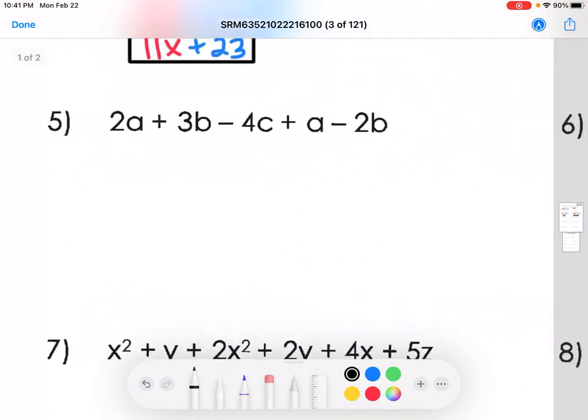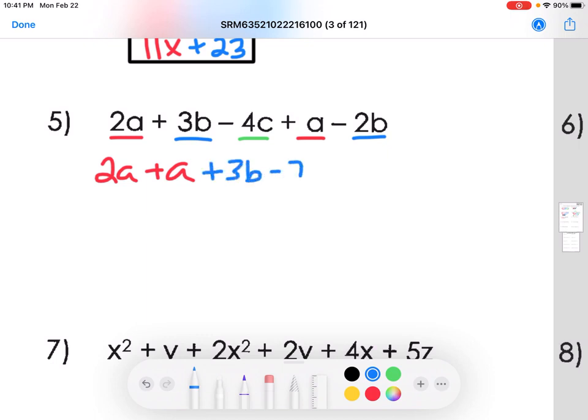Okay, number 5. I have 2 times a, 1 times a, 3 times b, 2 times b, and then I have 4 times c. So 2a plus a plus 3b minus 2b minus 4c.